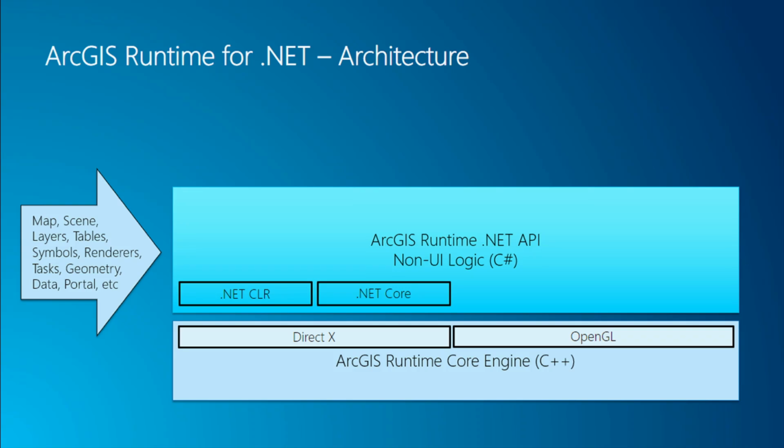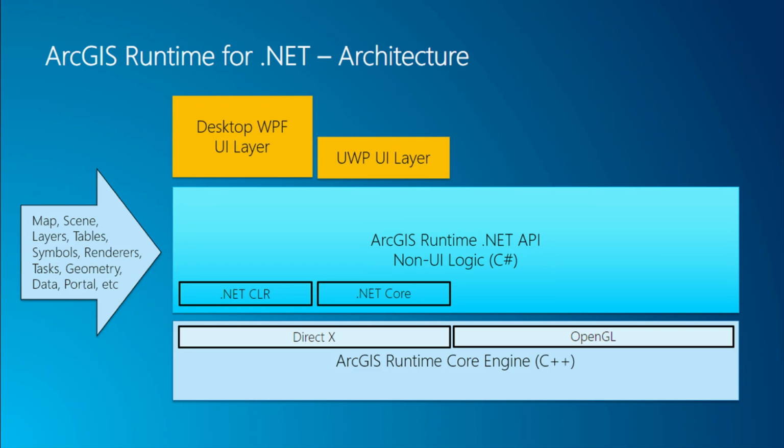So you see the list there: map, layers, symbols, etc. Tons of stuff. It says non-UI logic. There are objects there with definitely strong visualization components, map, layers, etc. But those can all be abstracted into essentially a specification, symbology, etc., that applies cross-platform.